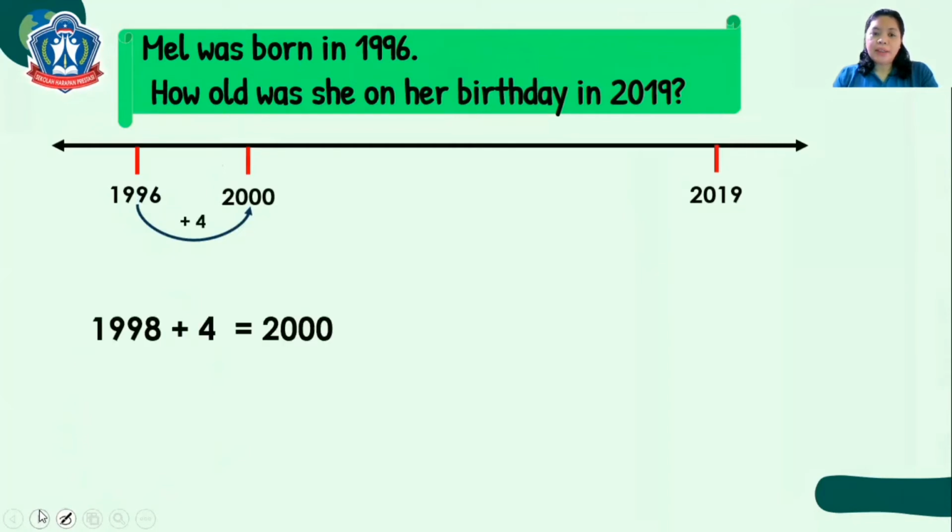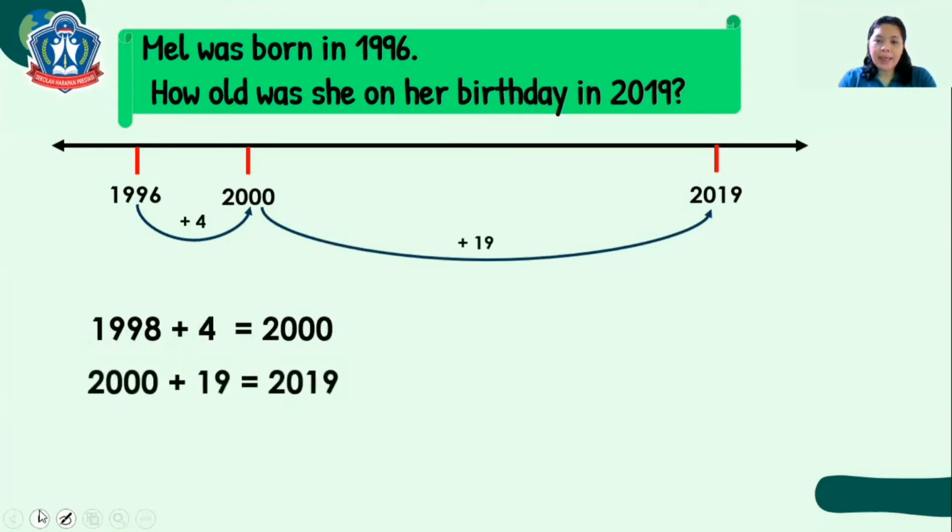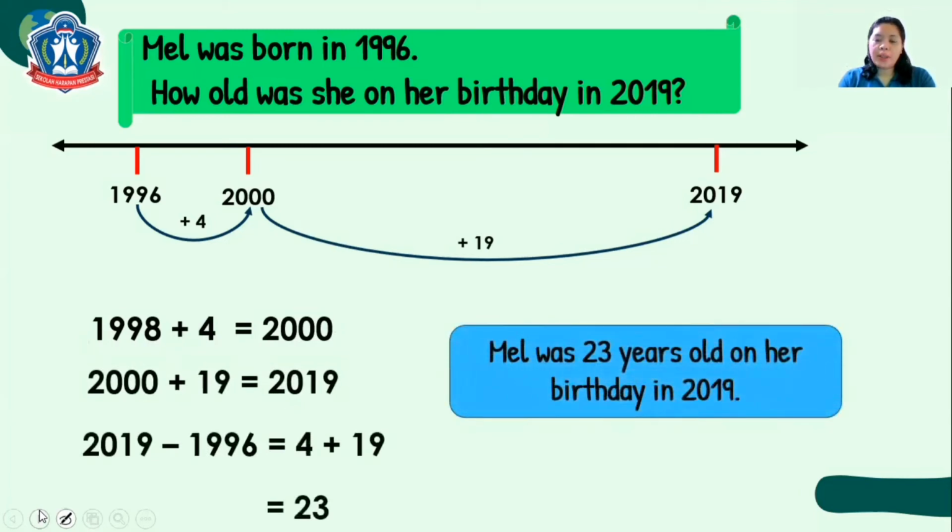Then from the year 2000 to 2019 is 19 years. So let's just add 4 years and 19 years and that is equal to 23 years. So Mel was 23 years old on her birthday in 2019.